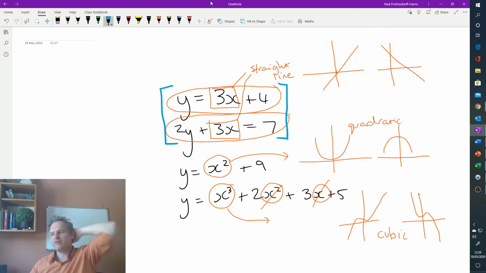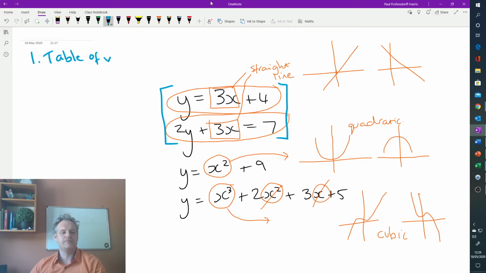And a summary of what you have to do. Number 1, draw a table of values: 0, 1, 2. Number 2, we then put the values in by remembering it's an input-output table.